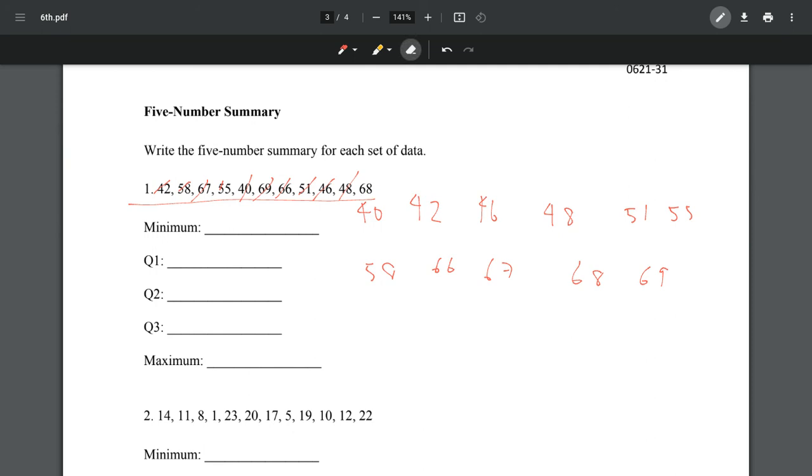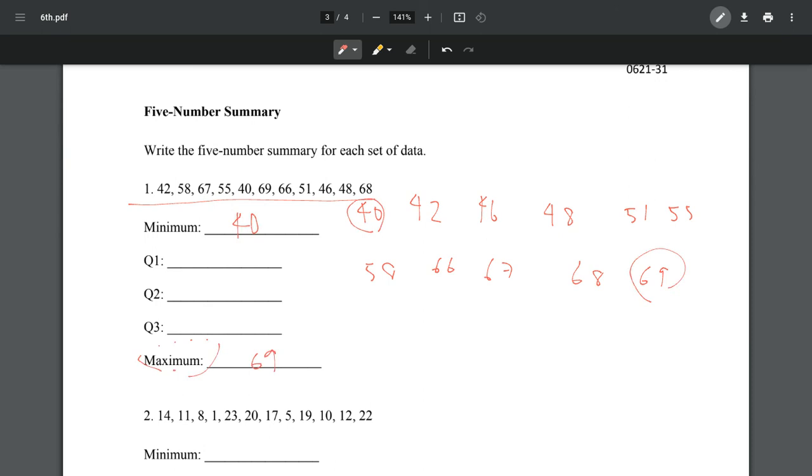And so now we could go ahead and find the minimum and then the quartiles and then the maximum easily. Okay? So the minimum value would be the smallest, which is 40. And then the max would be the largest, which is 69.